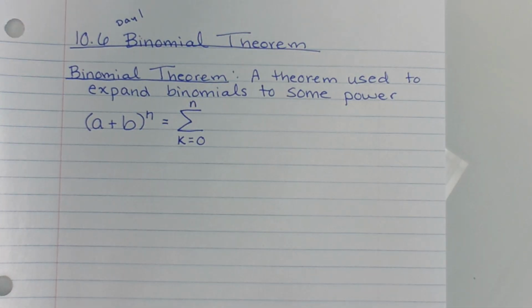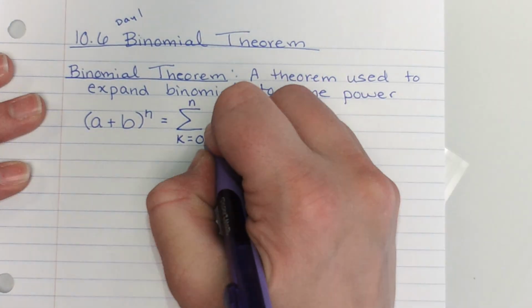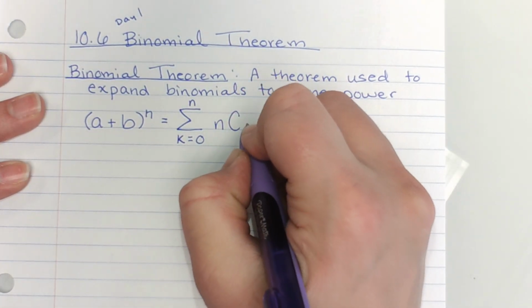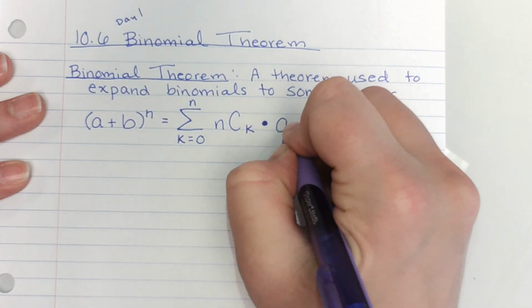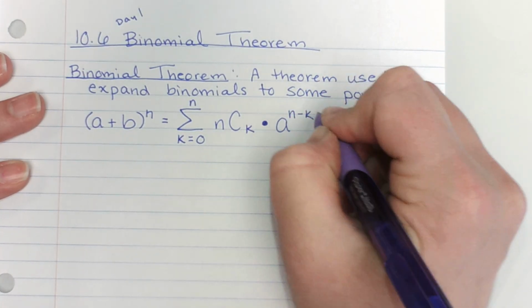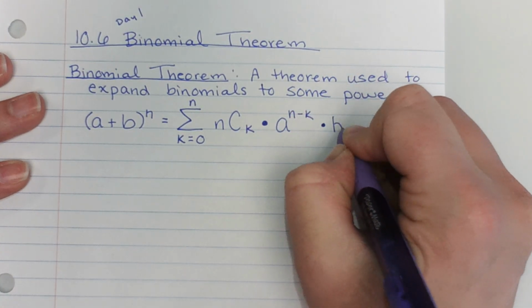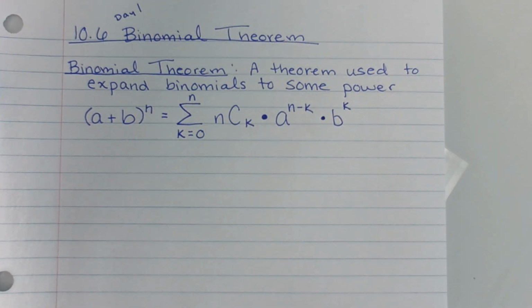The binomial theorem is the series from k equals 0 to n of n combinations of k, multiplied by a to the power of n minus k, multiplied by b to the power of k.